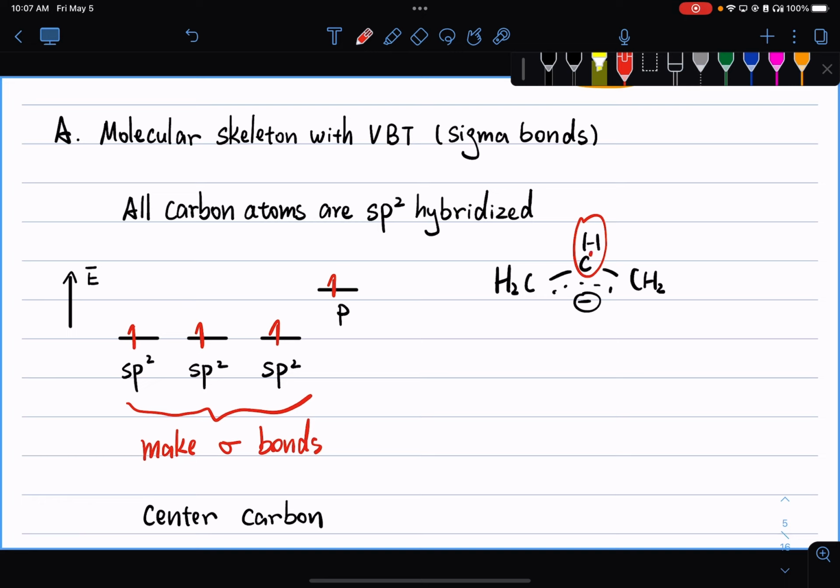Obviously, we have a sigma bond between the hydrogen and the two carbons adjacent to it. So the three hybridized atomic orbitals are used to make sigma bonds, and the singly occupied p atomic orbital will be used to make pi bonds. This is a quick review of what we're talking about.